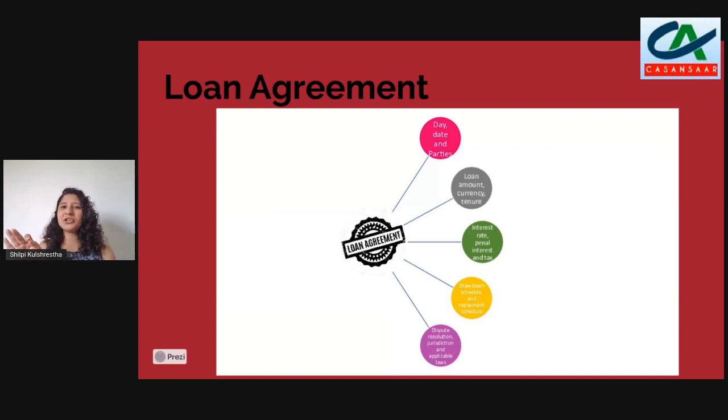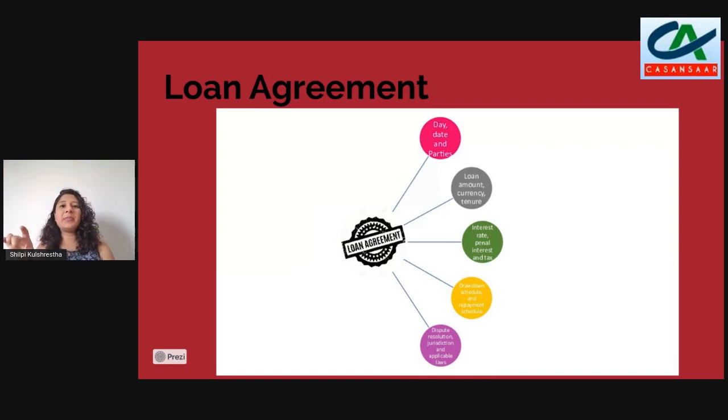And what is the repayment schedule? Let's say my repayment would start after 10 years. So after 10 years, what would the repayment be? Let's say the first repayment I'm going to make on 14th June 2031, the second on 30th June 2031, and the third on 14th July 2031.